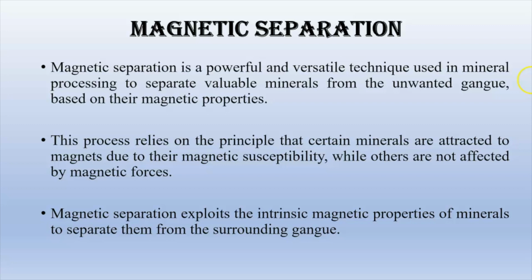The principle behind this process is that certain minerals are attracted to a magnet due to their magnetic susceptibility, whereas others are not affected by magnetic forces. So it exploits the intrinsic magnetic properties of minerals in order to separate them from the surrounding gangue.